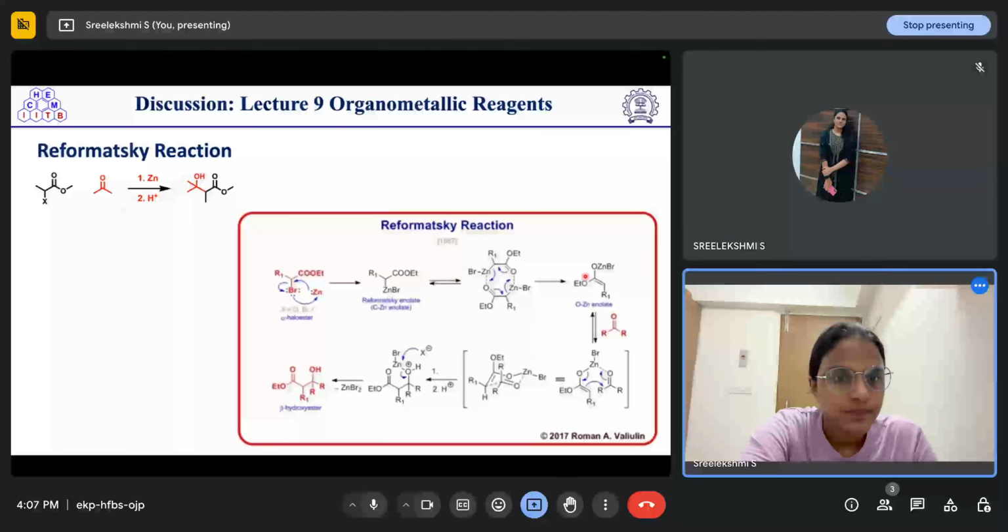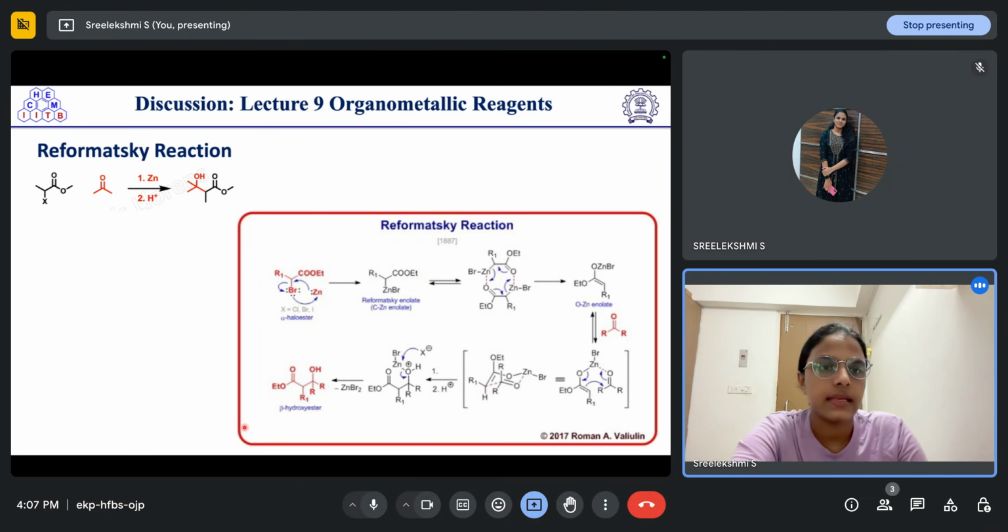Then there will be interaction between this oxygen and zinc, as well as the oxygen and zinc of another molecule, resulting in this intermediate. Then this bond will shift to here, this bond will shift to here, and this bond will shift to here, and we will get this type of enolate, that is, the oxygen-zinc connected enolate.